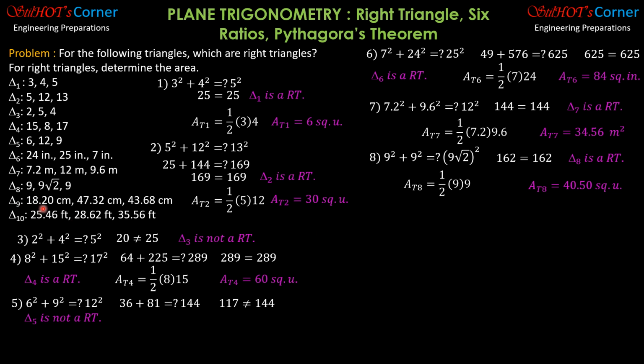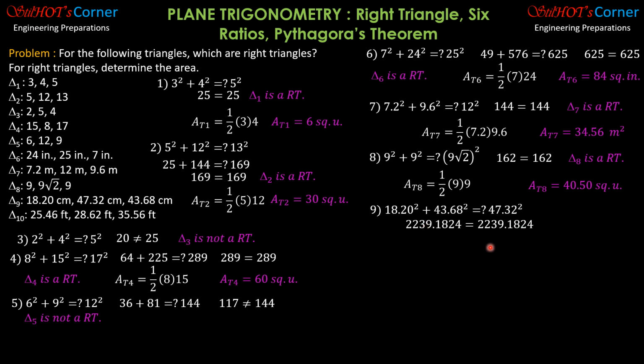The shorter sides are 18.2 and 43.68. Since this is calculator aided, let's get the sum of the squares of the shorter sides. 18.2 squared plus 43.68 squared, is it equal to 47.32 squared? Using the calculator, 2239.1824 is also 2239.1824.